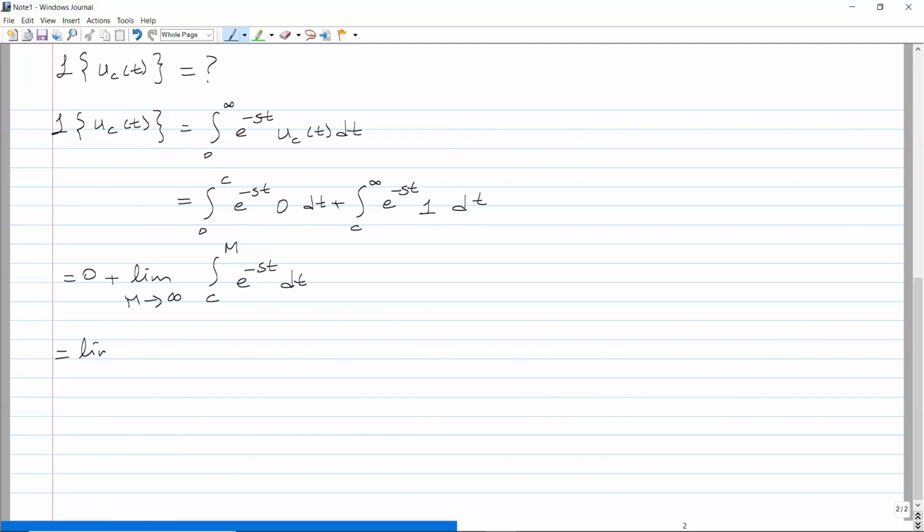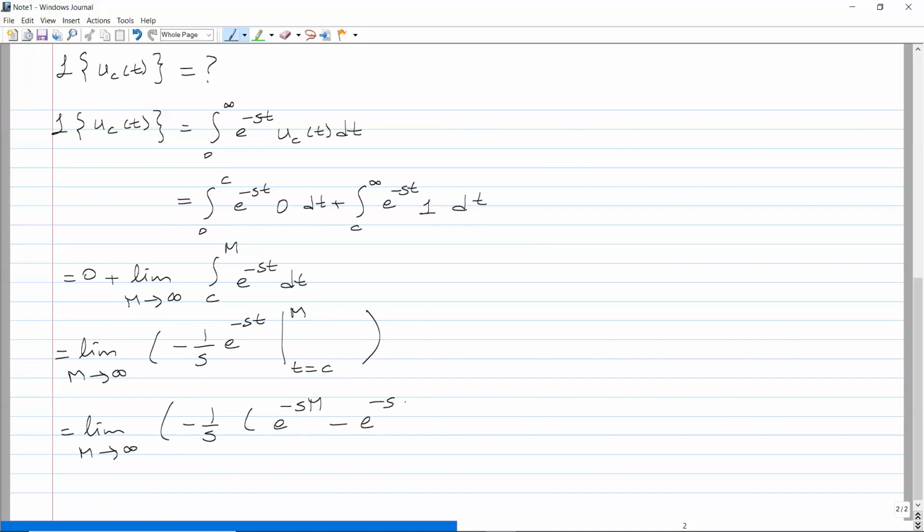So the limit as m goes to infinity of minus 1 over s e to the minus st for t from c to m. And then minus 1 over s times e to the minus sm minus e to the minus sc.